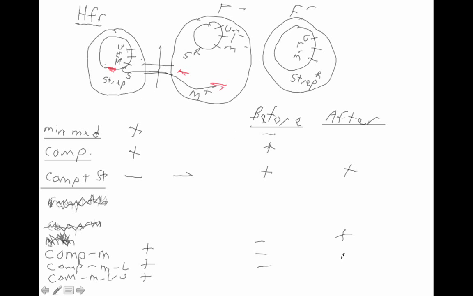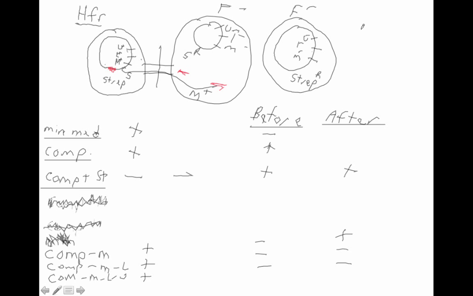Now these still won't grow because this media would require that the cells are able to make leucine and methionine, and leucine, uracil, and methionine. And they just can't do that because they're still mutated for uracil and leucine, because we didn't allow the mating to go long enough to allow the leucine and uracil genes to come through.